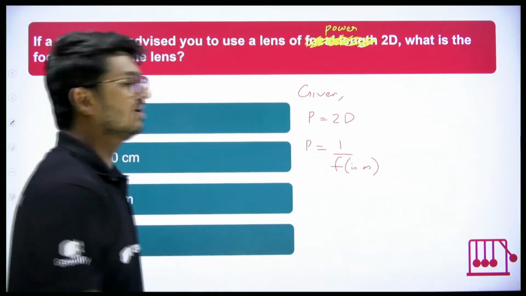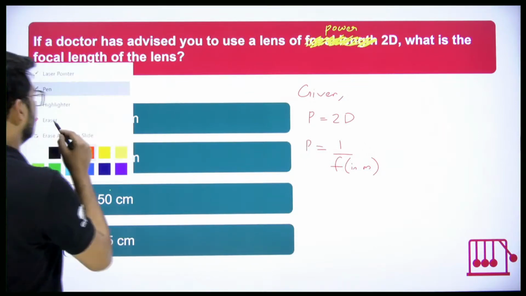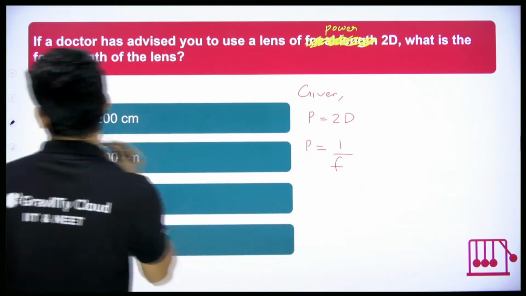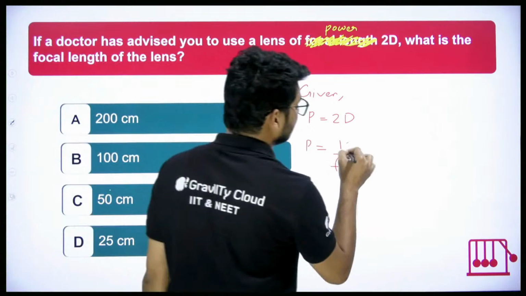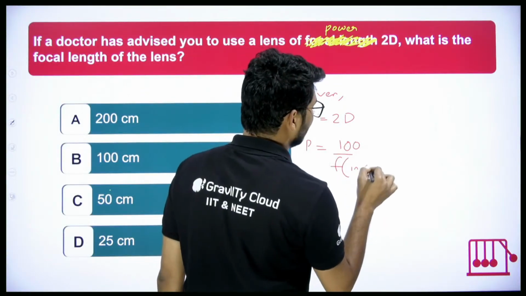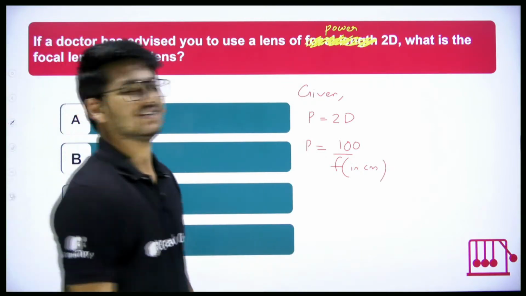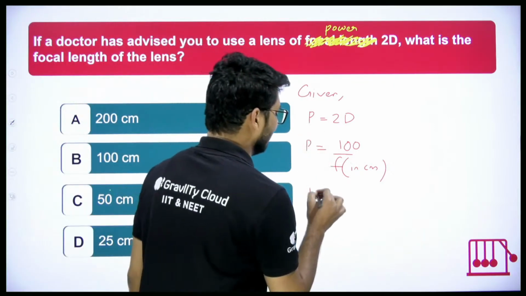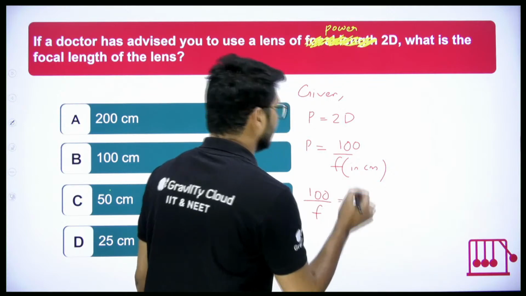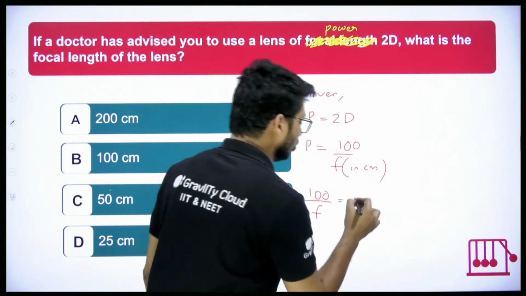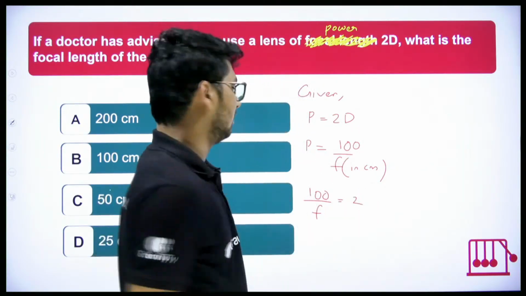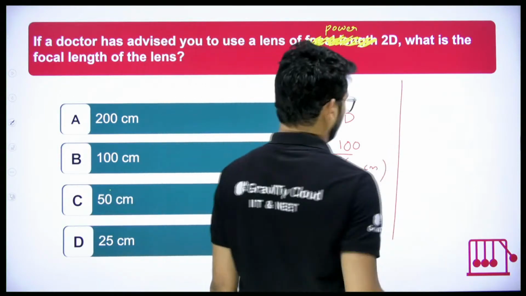Centimeter. So we need the focal length in centimeter. So here I'll take the formula as 100 by F, and the focal length that we get will be in centimeter. So power is 100 by F and the power given is 2 diopter.